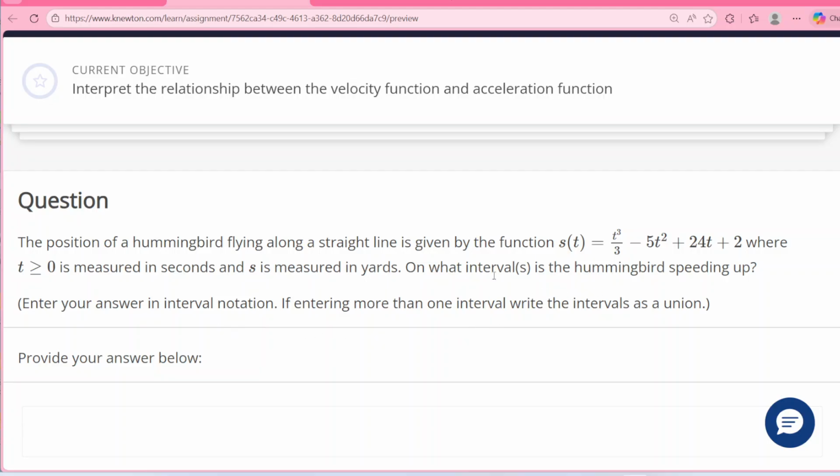Now, when they say on what intervals, they're talking about time intervals, right? Just like intervals of the input. So at what times, at what values of t will this hummingbird be speeding up? So I just went over talking about that, right?